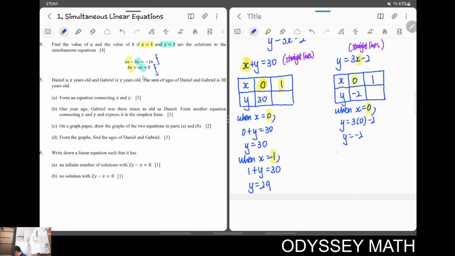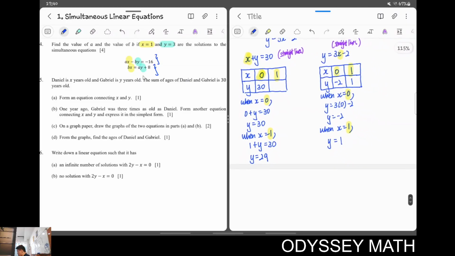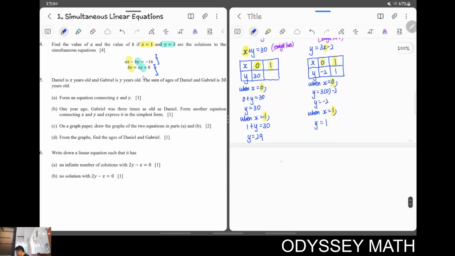And then when x equals 1, what happens to the y? y equals 1. Okay, now I will draw the graph for you.